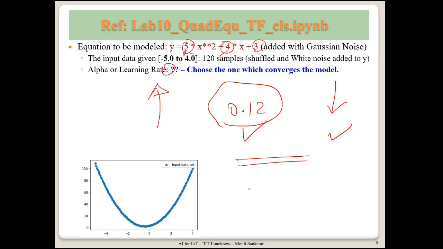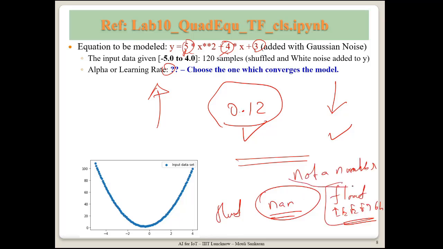Now one more thing: when you try to learn with one of these values, sometimes you will get a nan as output. The float values will be showing it as a nan, which means not a number. When the floating point representation cannot represent a number during the arithmetic, either it goes to plus infinity or minus infinity, or it gets so low that the value cannot be represented as a valid number in float, then nan will be printed.